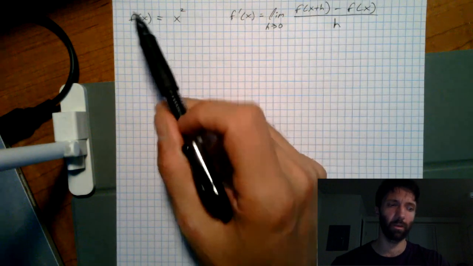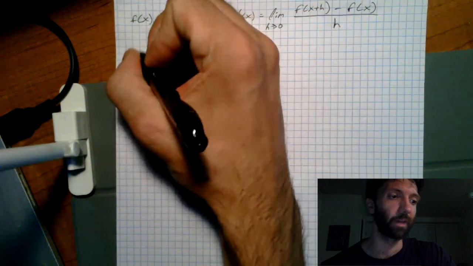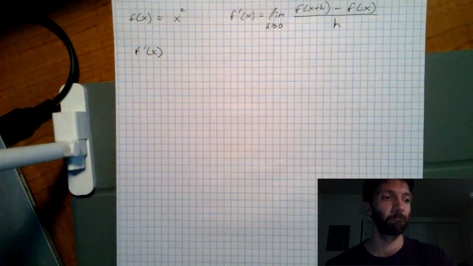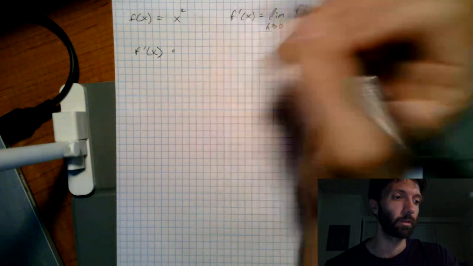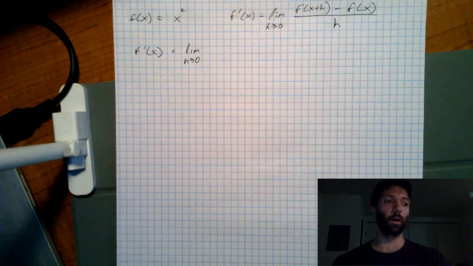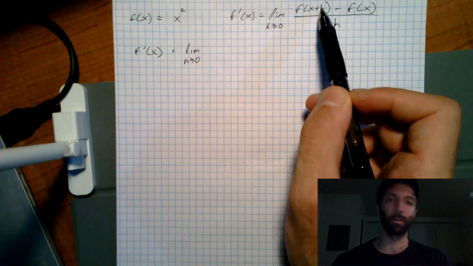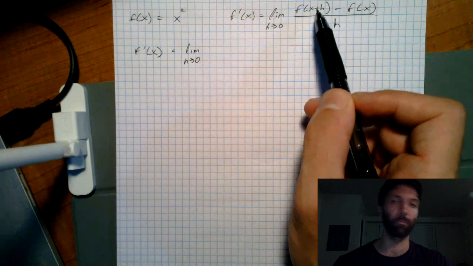So given a particular function f of x, f prime of x, the derivative, is going to be equal to the limit as h approaches 0 of the function evaluated at x plus h. So here I need to substitute x plus h in for x.